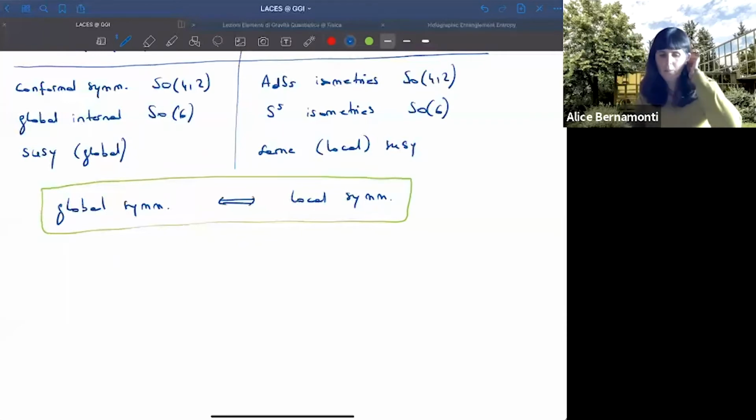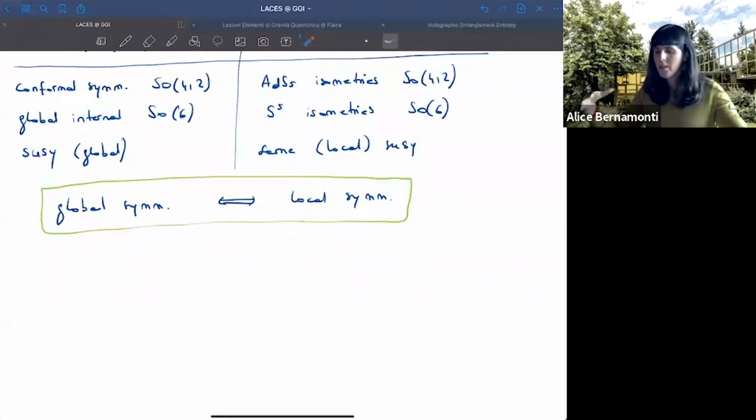Right, so let me make a couple of observations. The first one is what is so special about isometries, which are the ones reflected in the boundary theory. We have the whole group of diffeomorphisms, but it's this subgroup which is particularly important. This is the subgroup of diffeomorphisms which leaves invariant the asymptotic bulk metric.